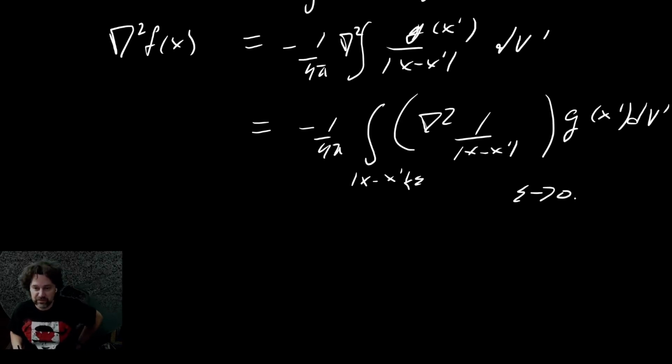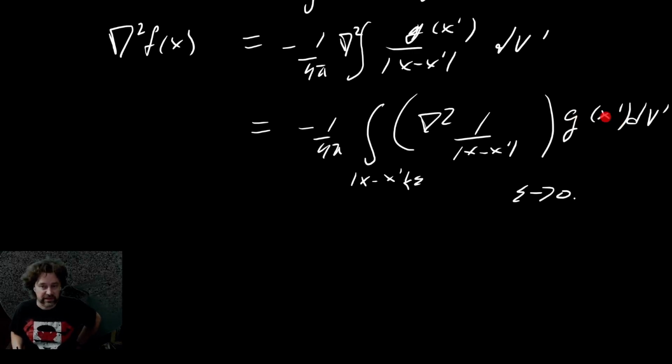So now, if epsilon is going to 0, x minus x prime is effectively the same point. So our g of x prime, we pull out of the integral, that's just going to be g of x. And this is all non-rigorous, but we really just want to get an idea of how this ends up working out.